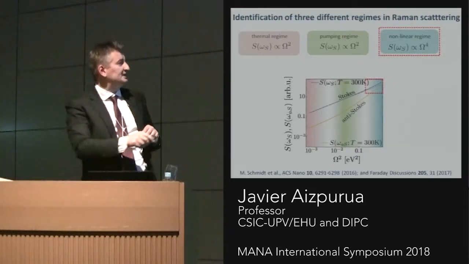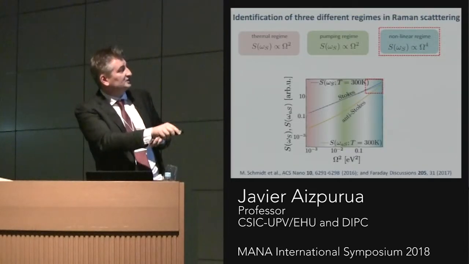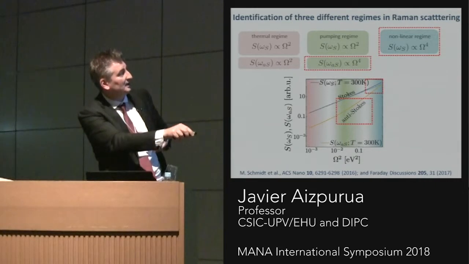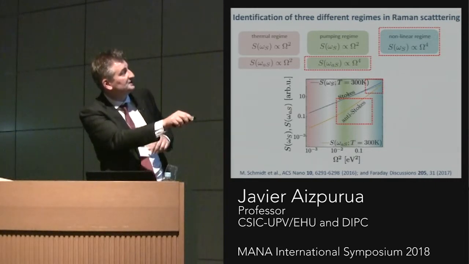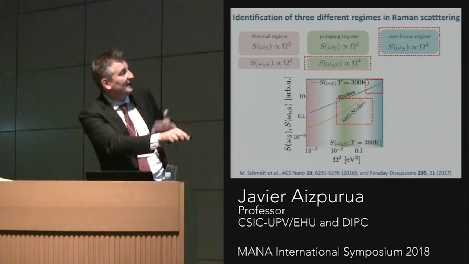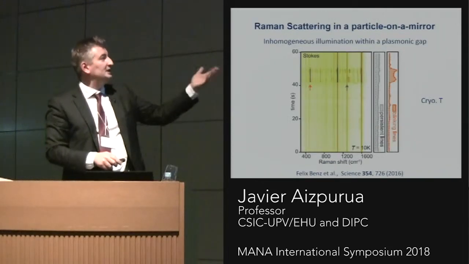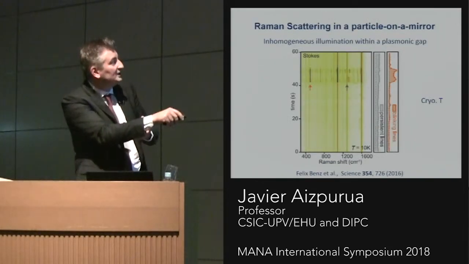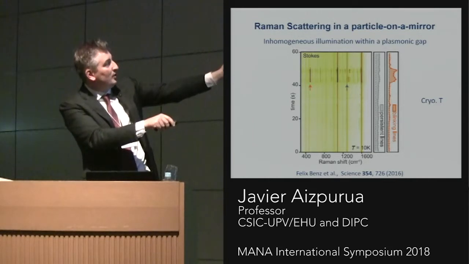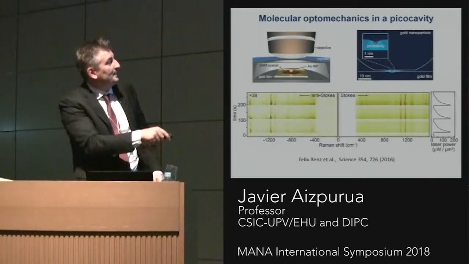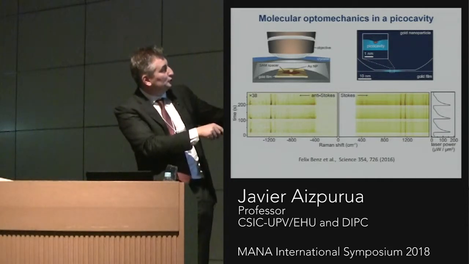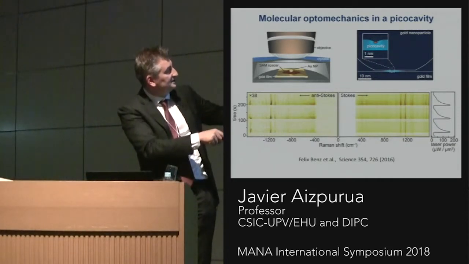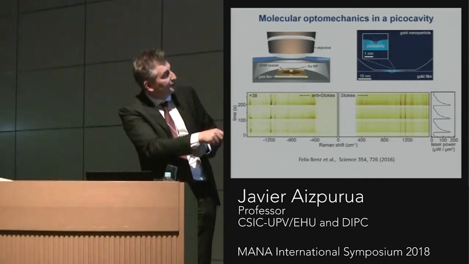And just to finish, we did the same with the anti-Stokes. The anti-Stokes also has a quadratic behavior, which is a fingerprint of this pumping regime, this optomechanical action. And then what we did experimentally is to go again to these blinking lines that are associated with ultra small effective mode volume. Then Jeremy Baumberg in Cambridge took these fingerprints, these blinking lines, and performed intensity variation here.